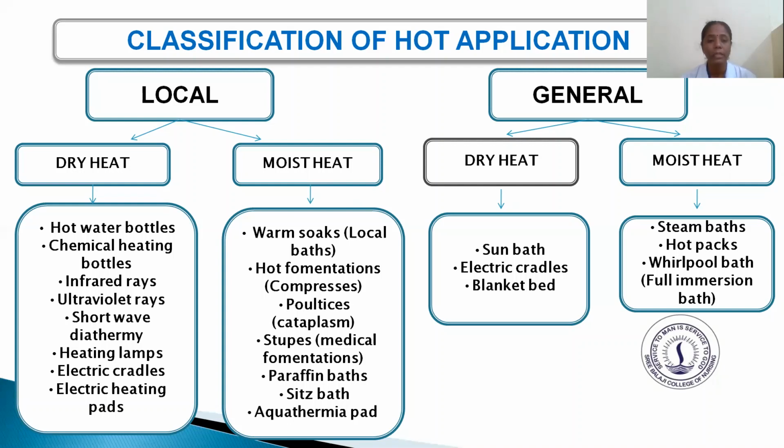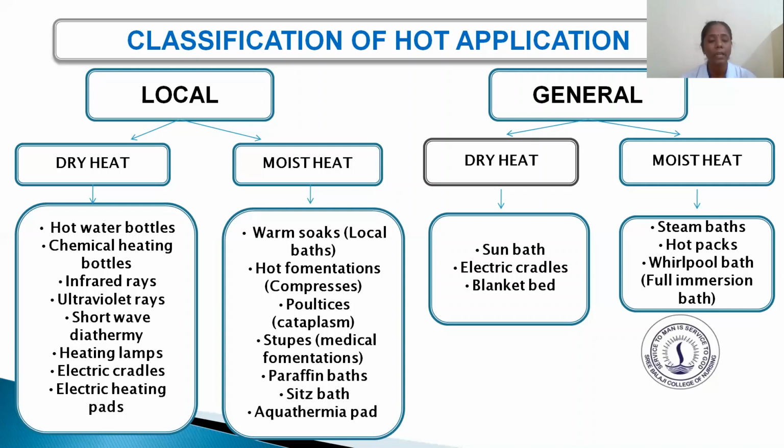The next thing is diathermy and heating lamps. This is also some heat applied over the wounded surface. In this way, the wound is healed very quickly without any medicine.